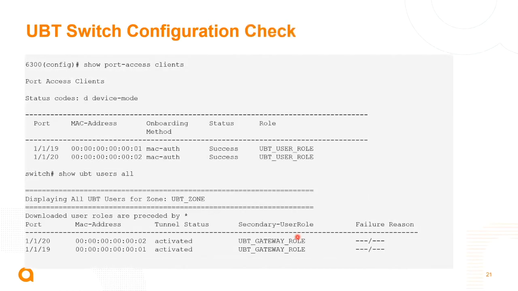It could be that you don't have the correct source interface specified, or if you're using a reserve VLAN method, you don't have the reserve VLAN set correctly. If you're using the VLAN extend method, the VLAN may not exist on the switch for it to form the tunnel.